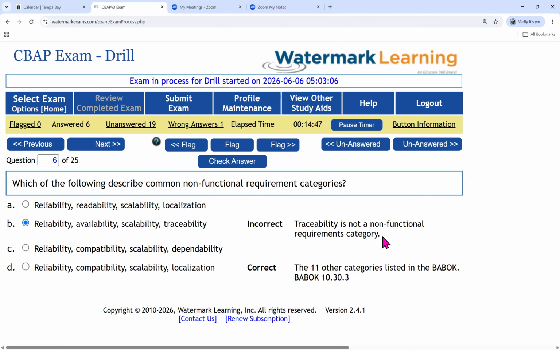Localization. So this is pulling out of the techniques chapter. So open your BABOK up to the 30th element in chapter 10 and look at point 3. And you're going to see 15 categories that you need to be aware of there. But what about the localization?